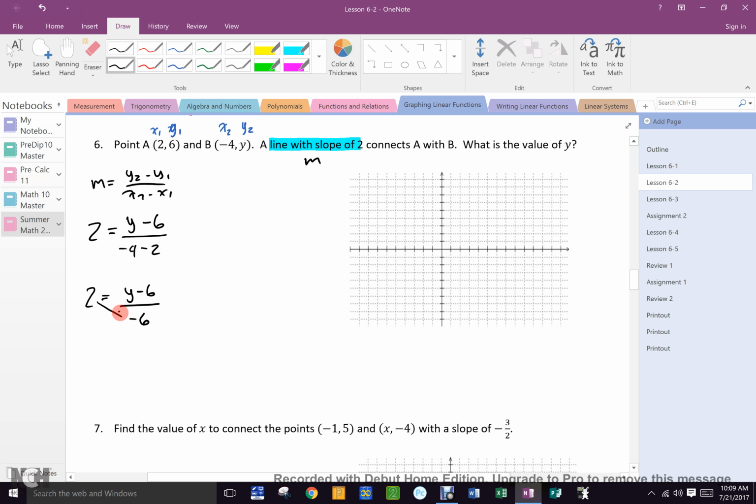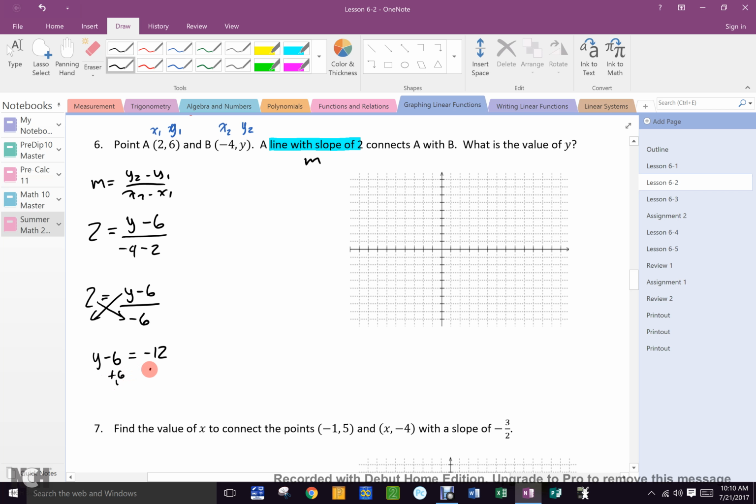Negative 2 goes with that, and that goes with that, right? What is really under the 2? 1. So when I multiply this, it's y minus 6, because 1 times y minus 6 is that. And what's 2 times negative 6? Negative 12. Now solve it by cross multiplying, Amrit, the same way you were taught in grade 7.